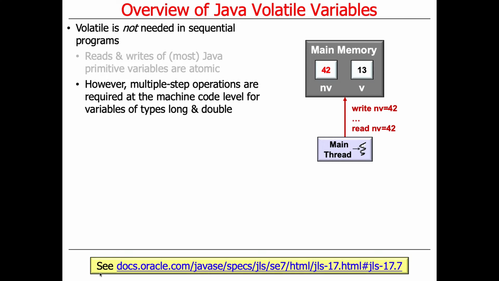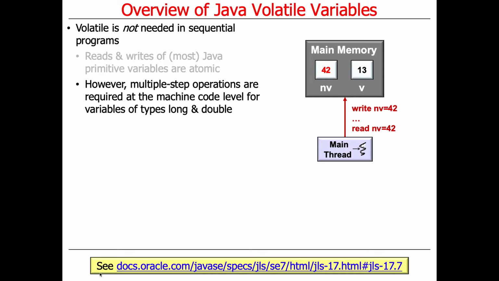When you use multiple step operations for things like longs and doubles, there can actually be multiple operations. So if you have modern architectures where you've got, say, 32-bit access, where the word length of bus access is 32 bits, then things that are 32 bits and smaller will work just fine atomically because you only need one read or write to read or write them.